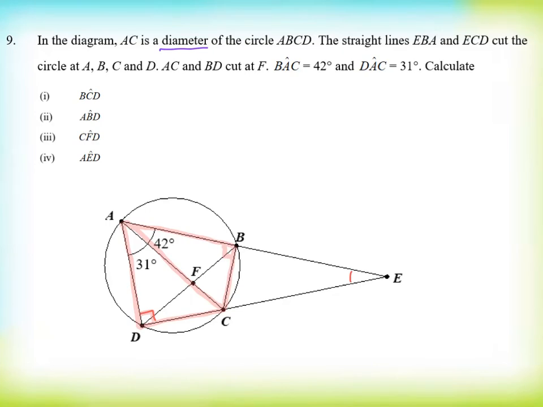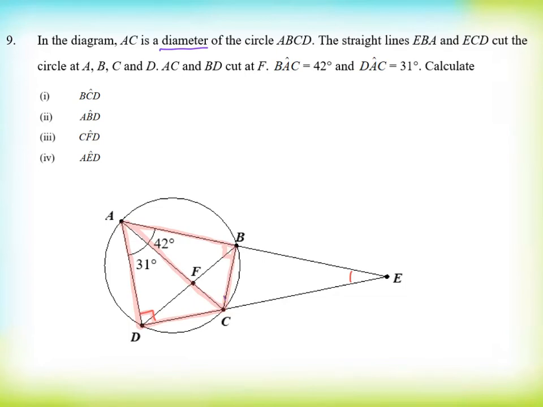And I know a particular angle, probably can find angle E later, right? And let us take a look. What other pictures do I see? Do you see a butterfly? We have a couple of butterflies down here, angles in the same segment. Now, probably we need to use them a bit later. Now, let's take a look at our question. They ask us to find angle BCD.